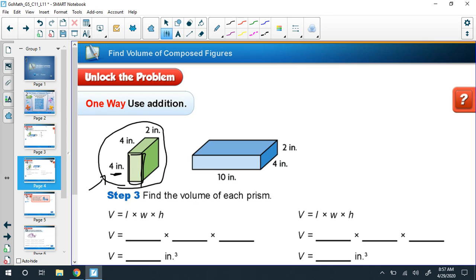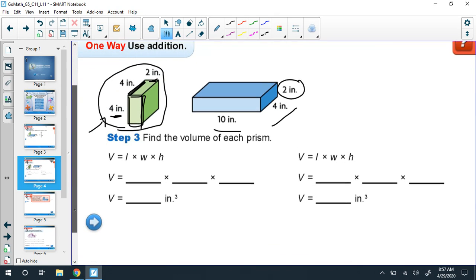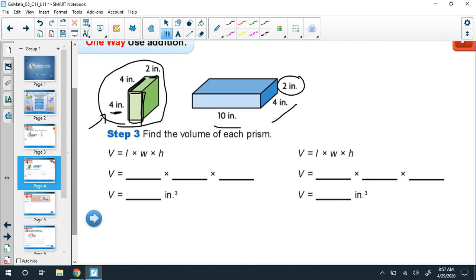Now everything else is going to be the same. This is still 10 inches across the front. It's 4 inches from front to back. This part is still 2 inches tall. Over here we still have 4 inches front to back, and this part is 2 inches wide. So let's go ahead and find the volume. We're going to start with the green one. Our length is this measurement, and it is 4.